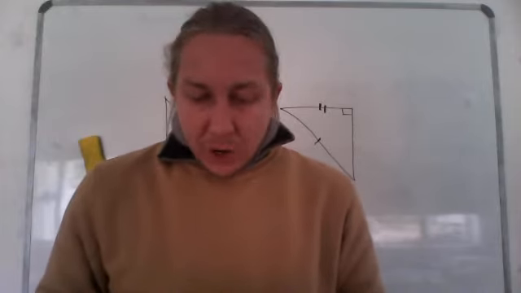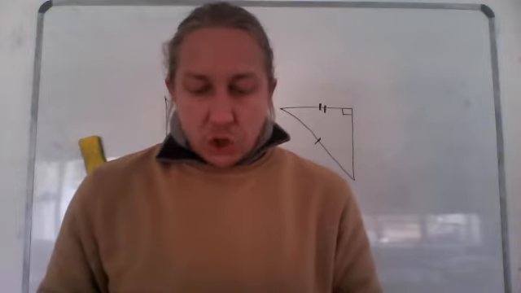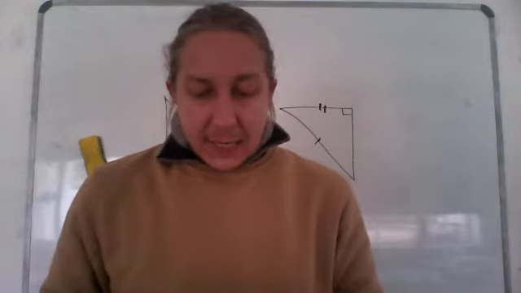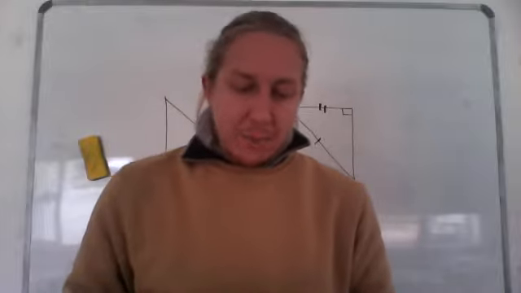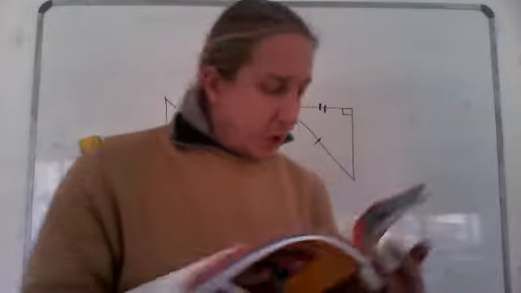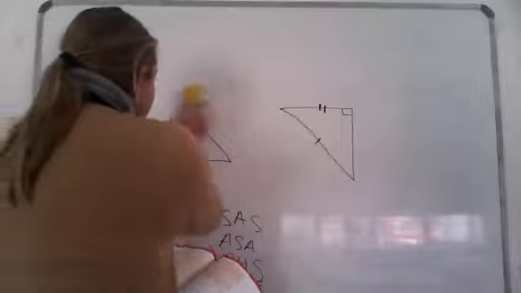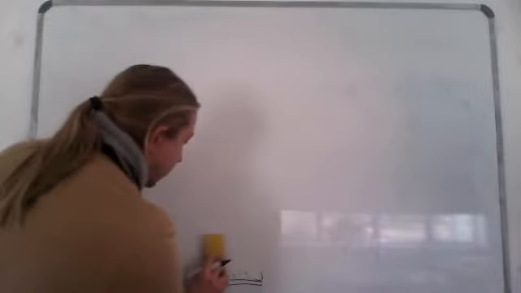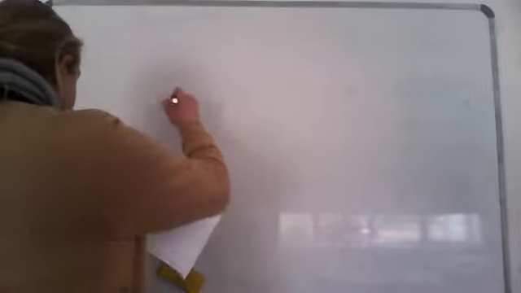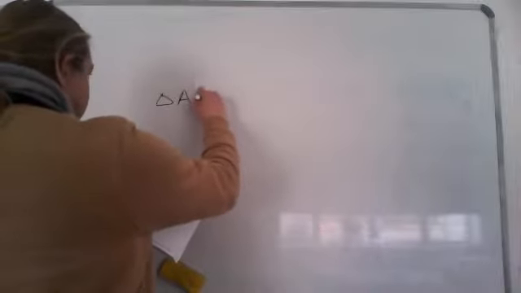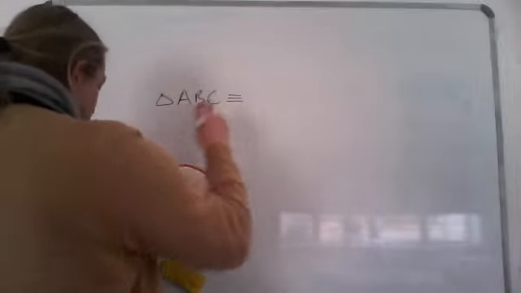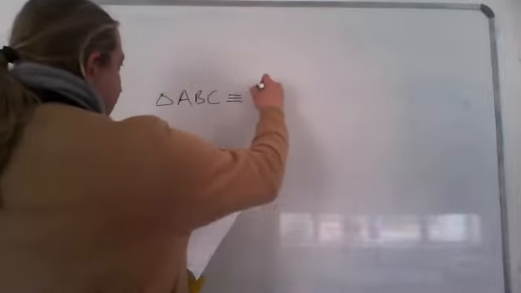If you have a look here, I can see that triangle JKL is the same as triangle ABC because they match up the 3 sides. So we can say that triangle ABC is congruent to triangle JKL.